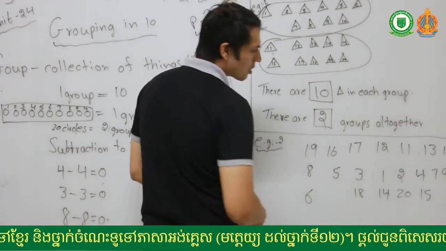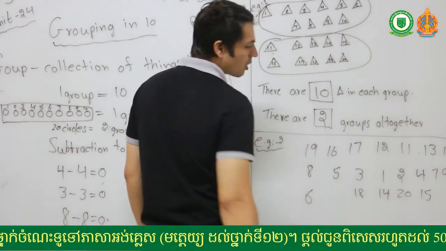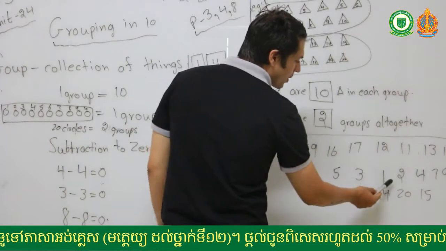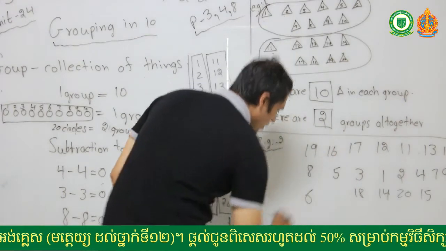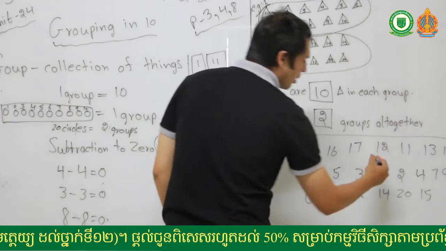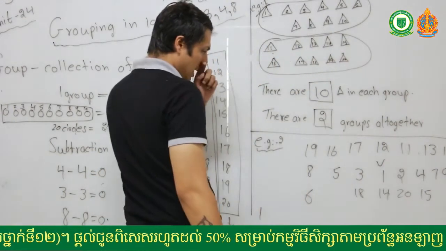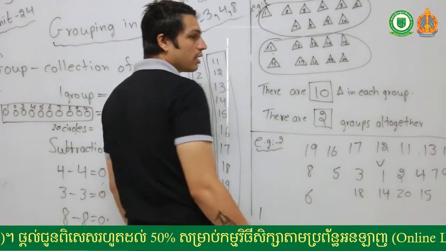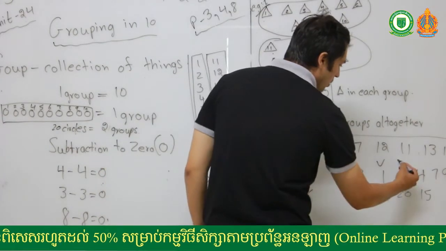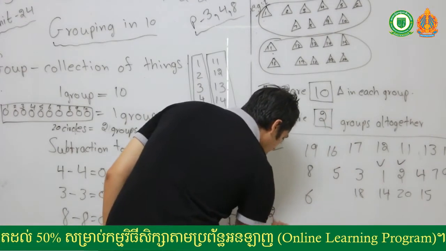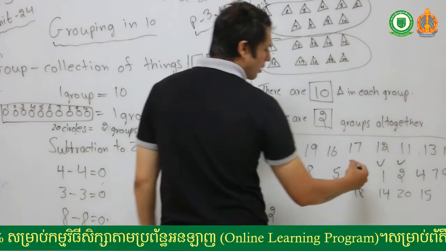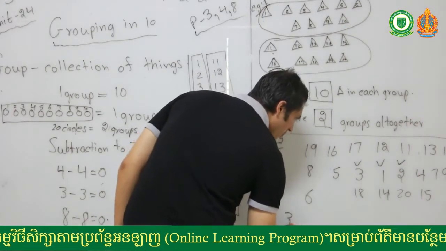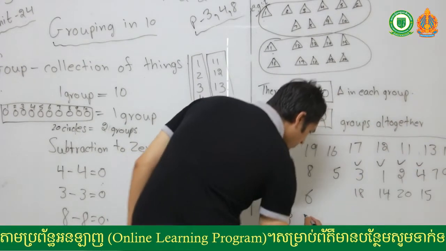So we start with the smallest one. We find the smallest one. So the smallest one is here, number 1. And what comes next? What comes after number 1? Number 2. Then number 3, number 4.